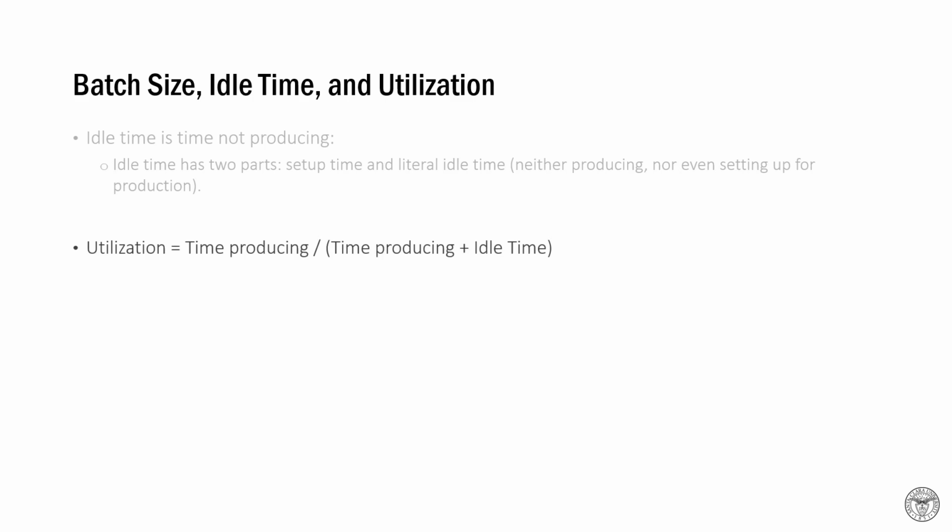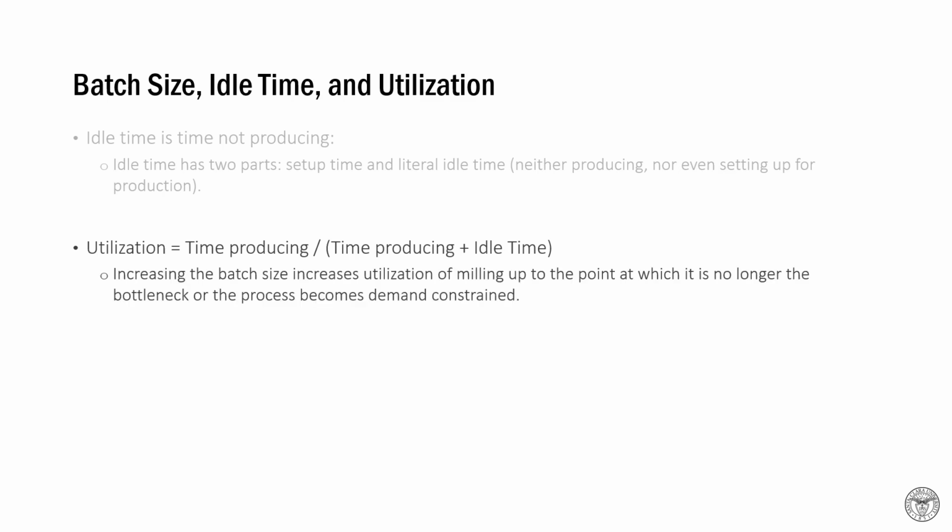Utilization, on the other hand, is defined as the time spent producing divided by the sum of the time spent producing and idle time. So, how does batch size play into this?